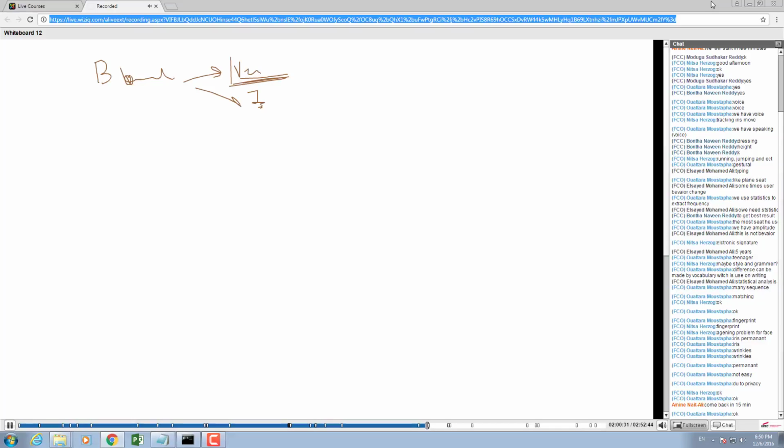Look, in verification, it should be clear, because always when you want to develop a biometric application, you will be asked if you want to use your application for verification or identification. Verification is very simple compared to identification. Why?